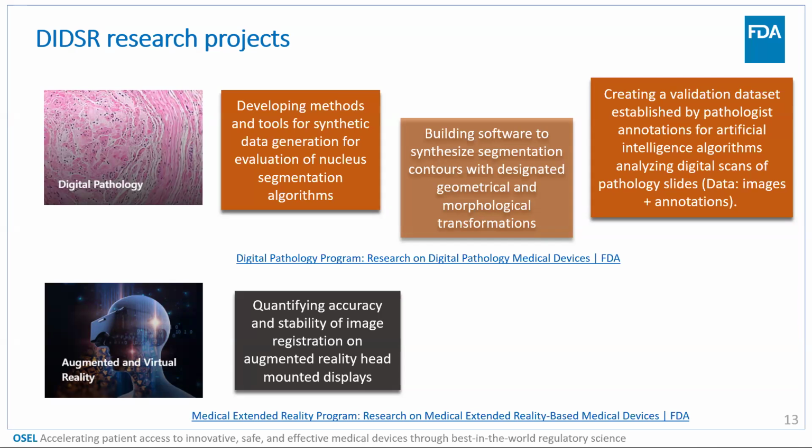So the goal is to have this public data set for use by companies that's really good quality data that's been validated by a number of pathologists, which companies can use in their research. And then we also have a small group working on augmented and virtual reality projects as well.